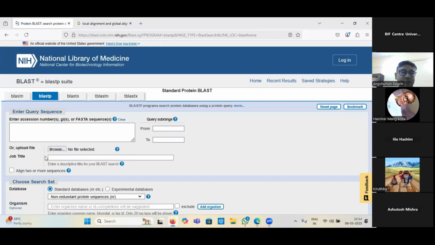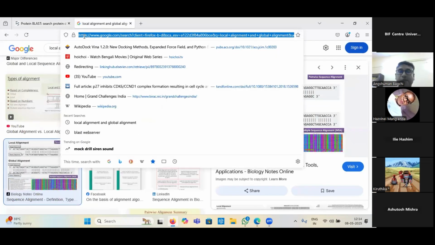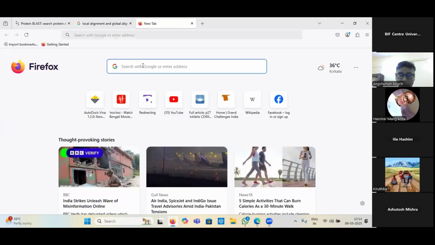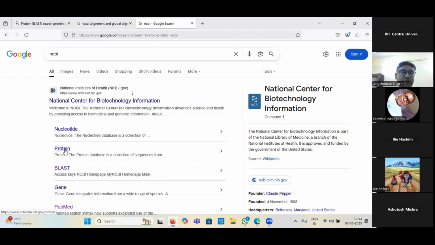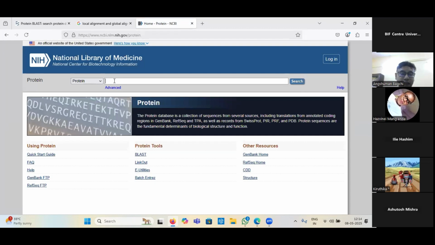Here, you can type the sequence, or you can copy and paste the sequence. Let me show you. Let me go back to NCBI, and let's go back to protein. Say, let us take a protein which is named SOXR.